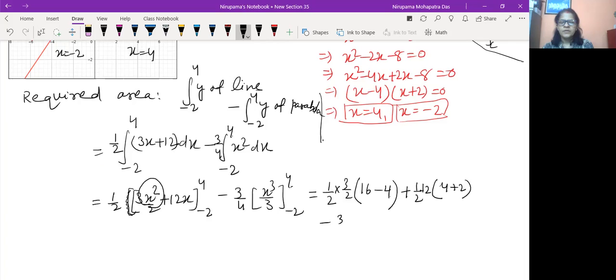Next, minus 3 by 4. This 3 will come out: 3 by 4 times 1 by 3, x cube at 4 is 64, minus at minus 2 is minus 8, so it will be plus 8. So this is equal to 3 by 4 into 12 plus 6 into 6, 36, minus 1 by 4 times 64 plus 8, 72.